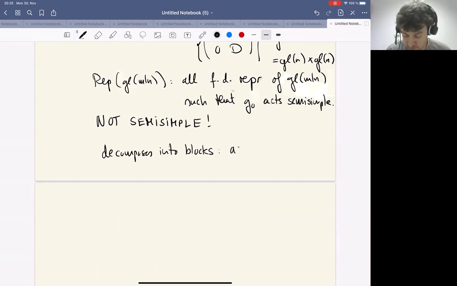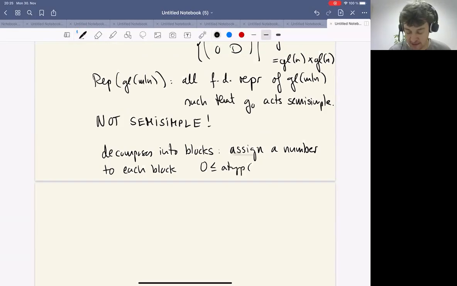And this number is called the degree of atypicality. So this is a number between 0 and n, where I assume here, without loss of generality, that m is greater or equal to n.